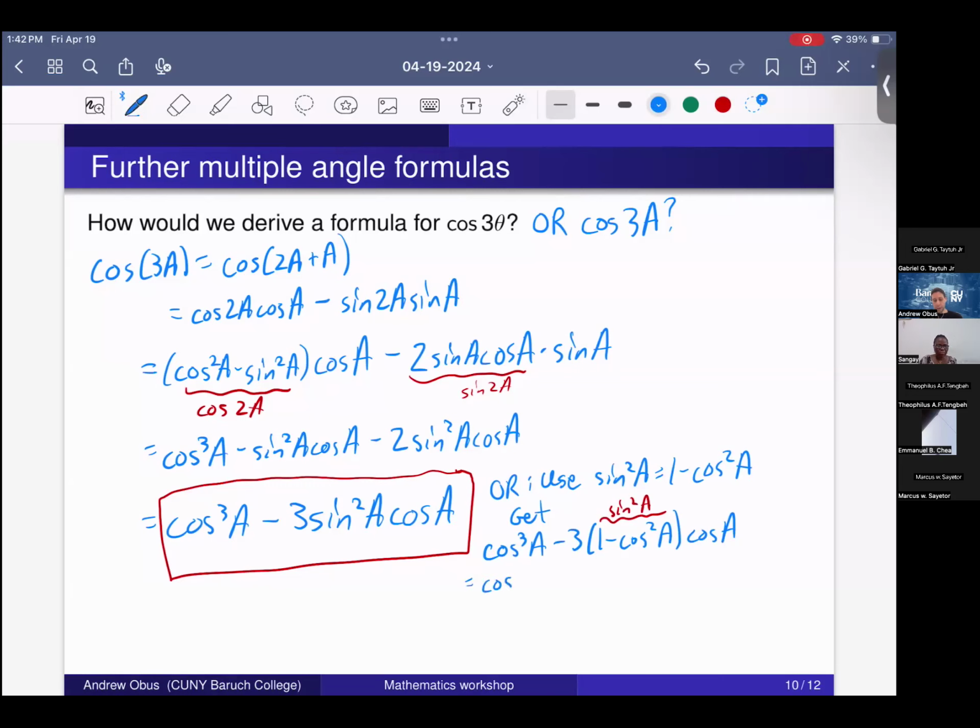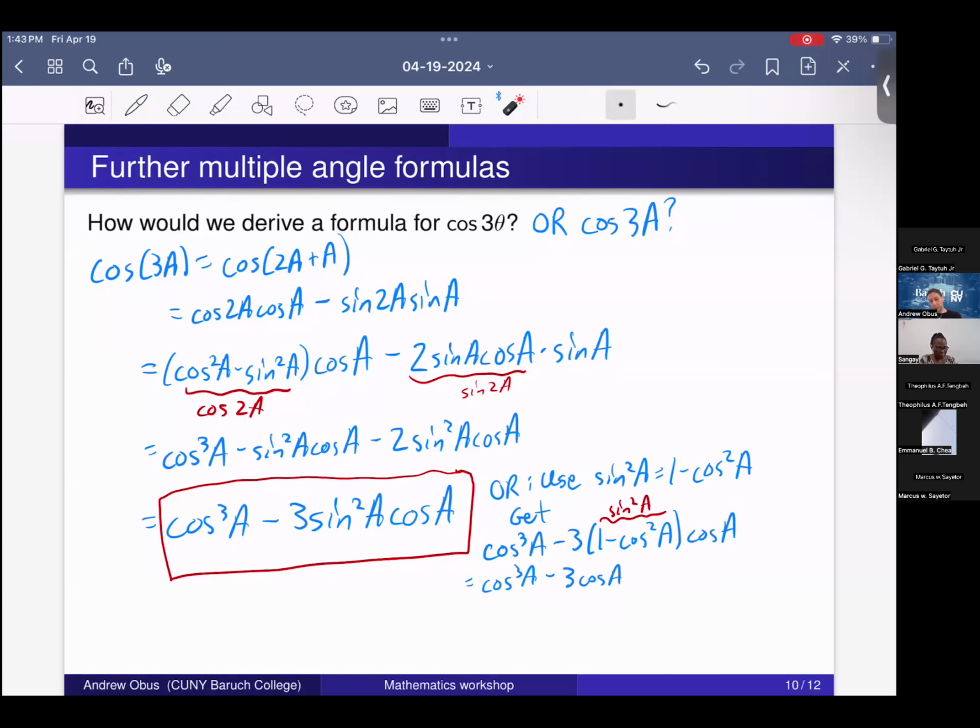And that's going to be cosine cubed a minus 3 cosine a, that's what I get when I do the 3 and the 1 and the cosine a.